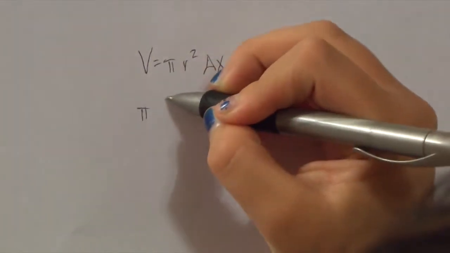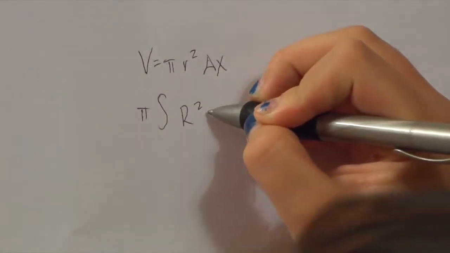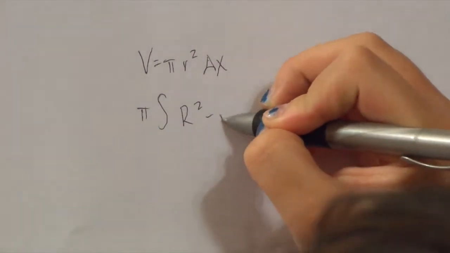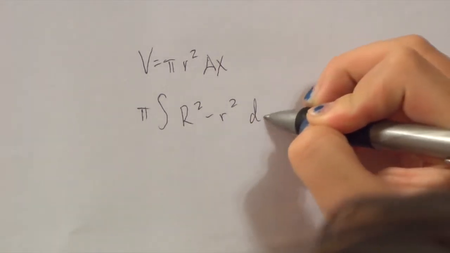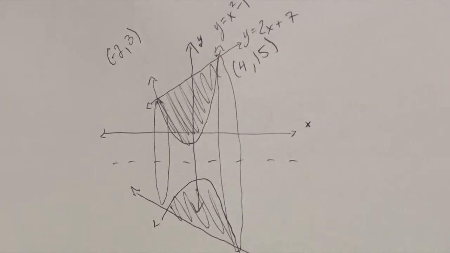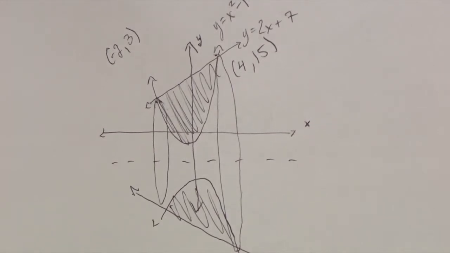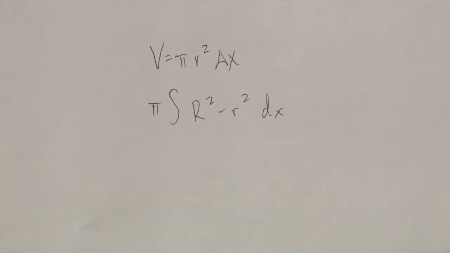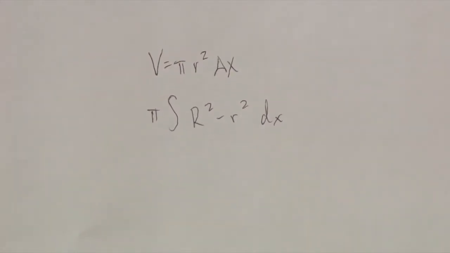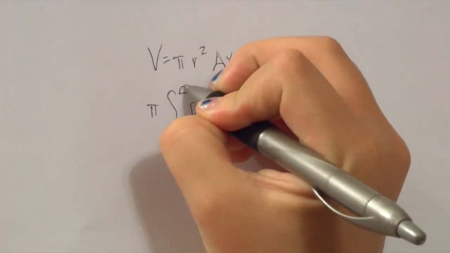Because it's the washer method, this ends up looking like this: big R squared minus little r squared dx. Looking back at our graph, we can remind ourselves that the points of intersection occur when x equals negative 2 and 4. We then use these points of intersection to figure out where our bounds would be, here and here.